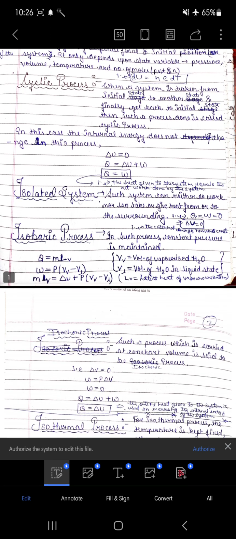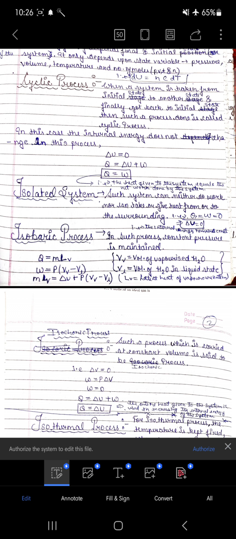Such a system can neither do work nor take or give heat to the surroundings. इस केस में isolated system ऐसा system होता है that can neither do work nor exchange heat with the surroundings. इस केस में भी Q will be equal to 0, because heat cannot enter nor can it go outside to the surroundings. So according to the first law of thermodynamics, the value of ΔU will be equal to 0, because Q will be equal to W and W will be equal to 0.